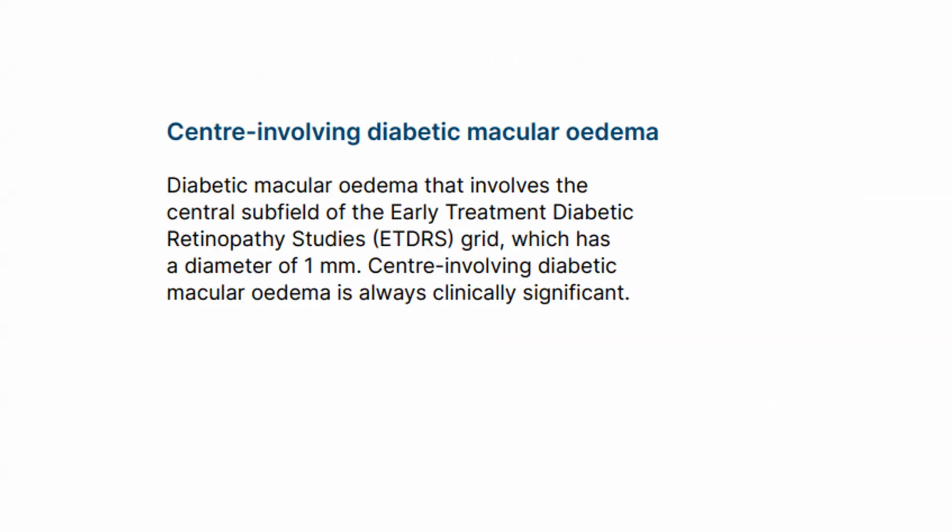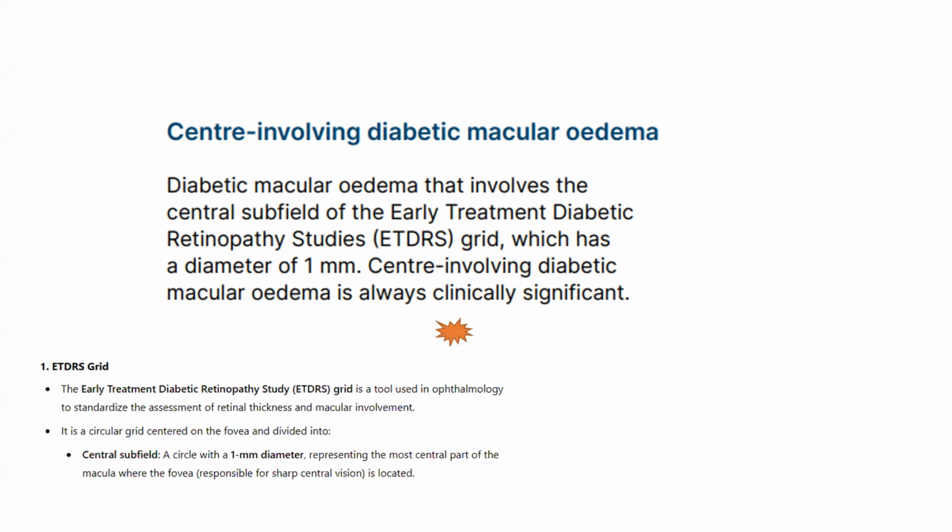So the term has been defined in the guidelines. What do you mean by center involving diabetic macular edema? It is diabetic macular edema that involves the central subfield. So what is the central subfield? It is a circle with a 1 millimeter diameter, and this represents the most central part of the macula where the fovea, which is basically responsible for sharp central vision, is located.